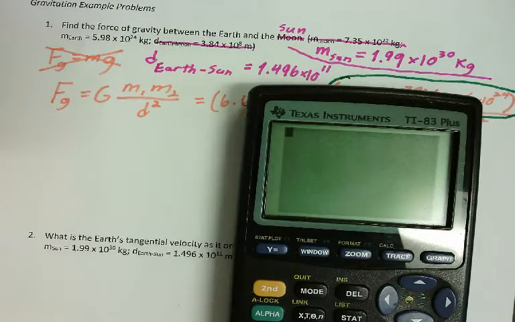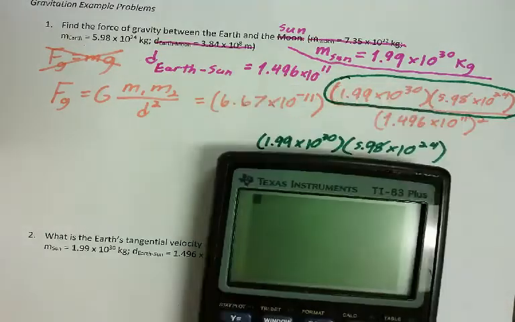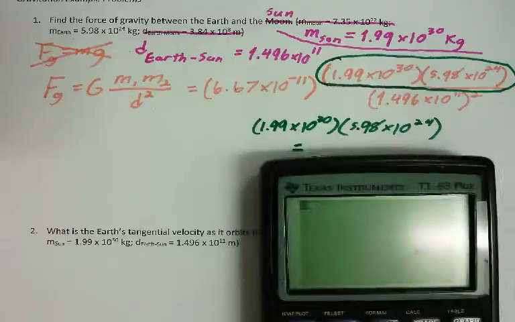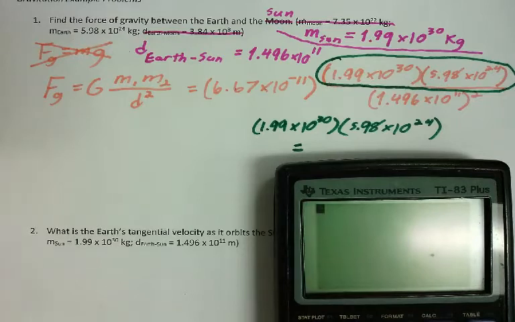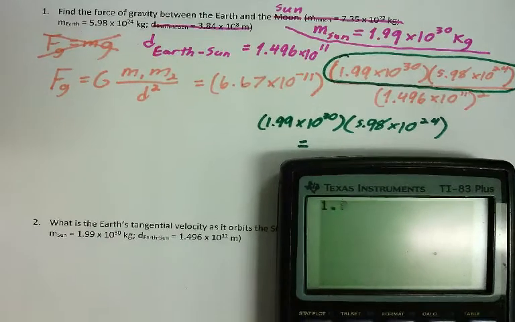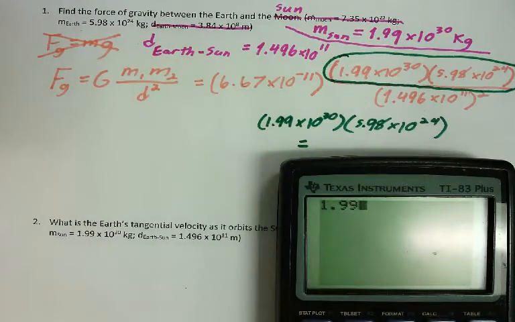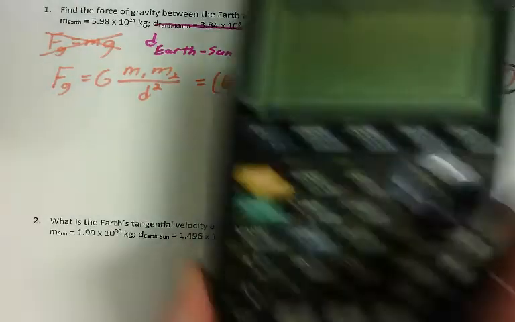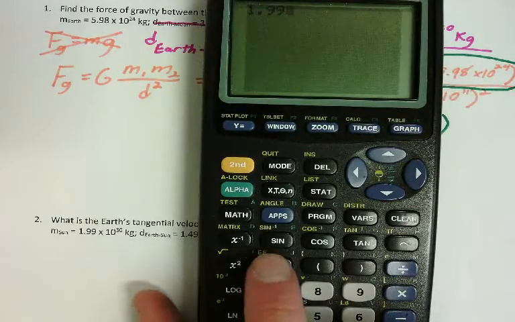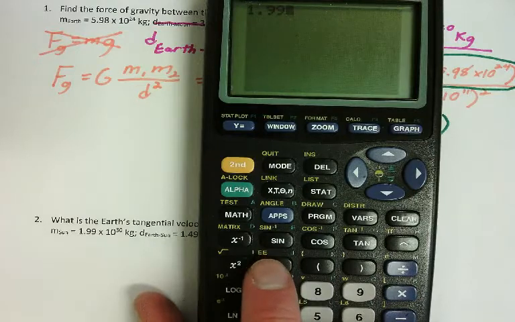If you have a TI, here's how you put it in your calculator. You do 1.99. Instead of hitting times 10, you're looking for a button on your calculator that's two capital E's next to each other. It is almost always above the 7. It's only for TIs. Casios don't have this.